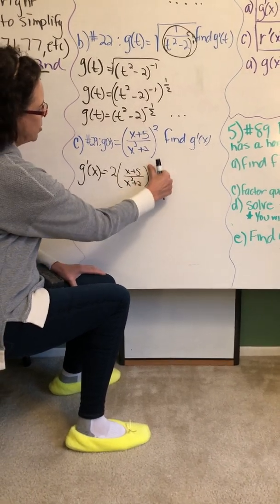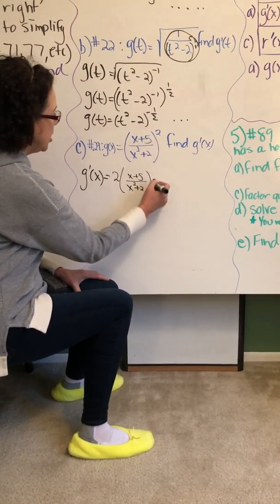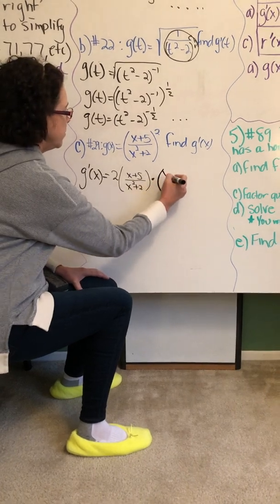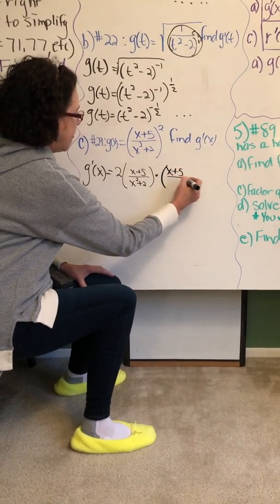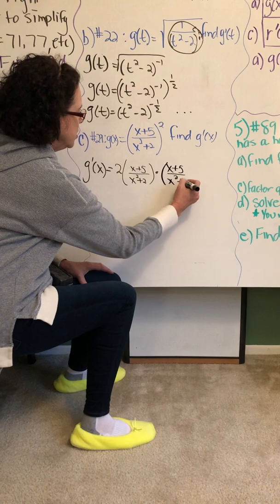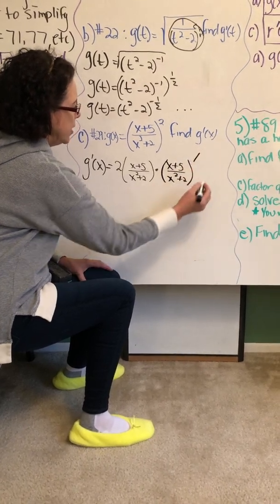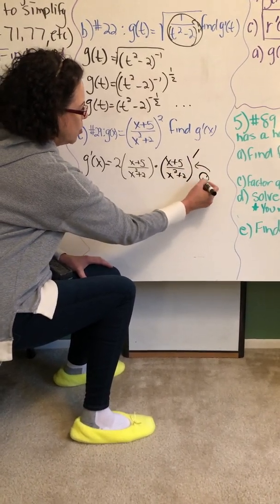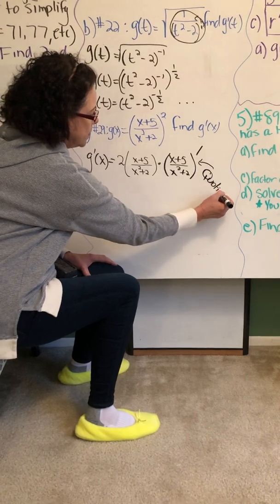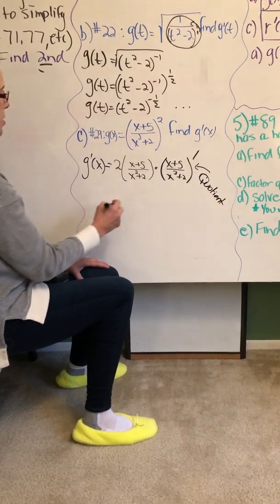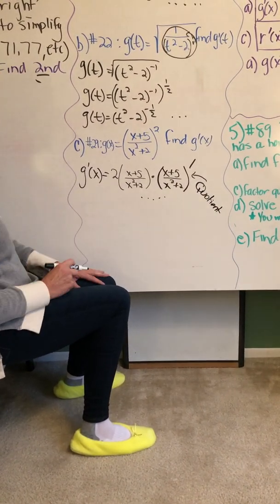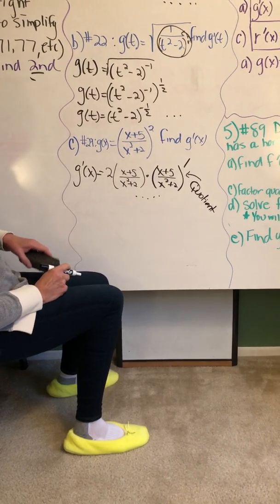I don't really need to show that one. By the chain rule, I will now take the derivative of the inside function right here. So that will be the quotient rule that you will use here, dot, dot, dot. You'll keep working. Do your math very carefully.